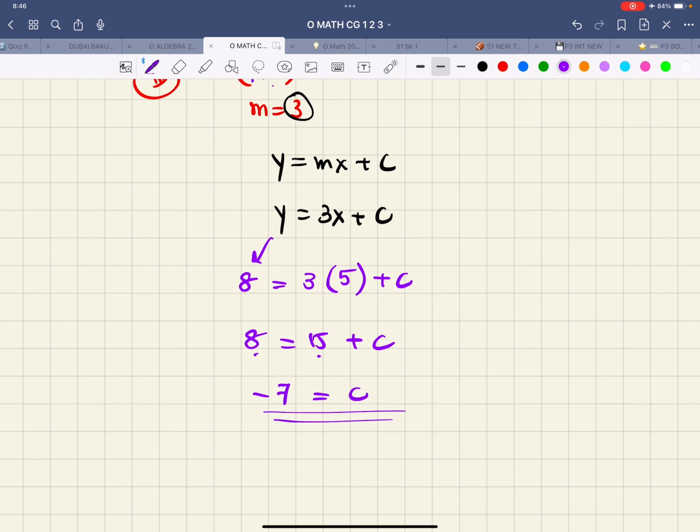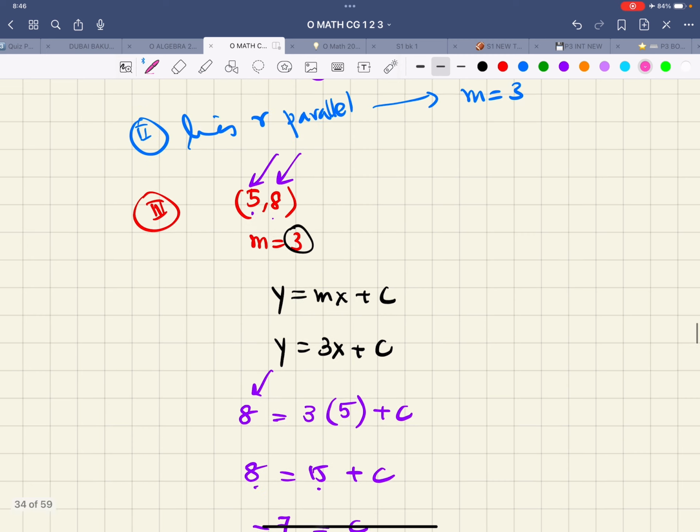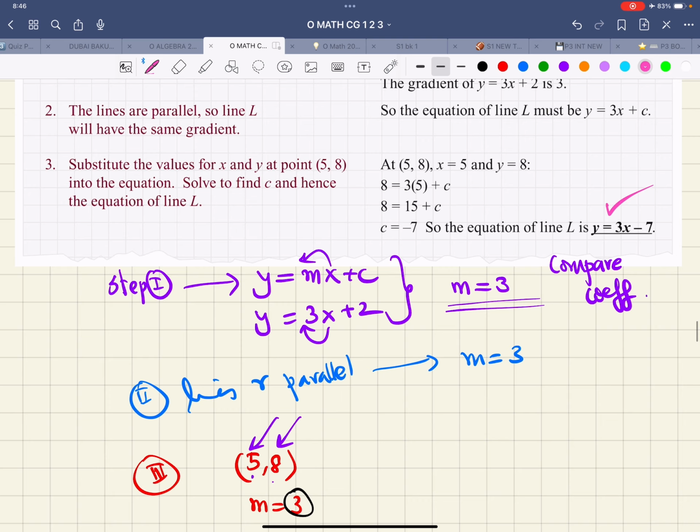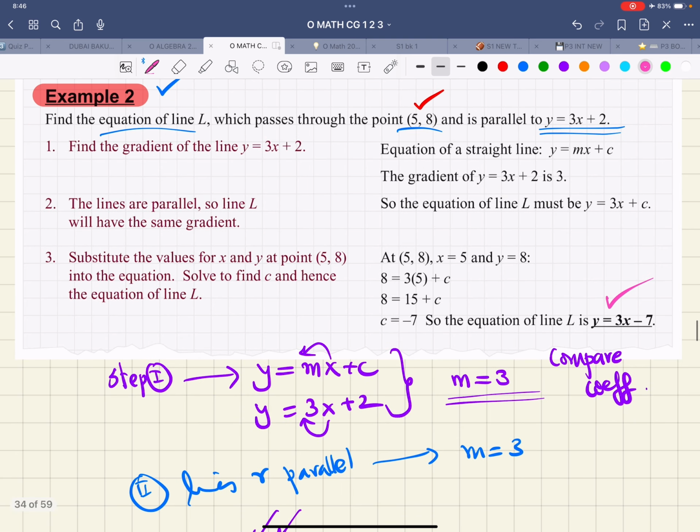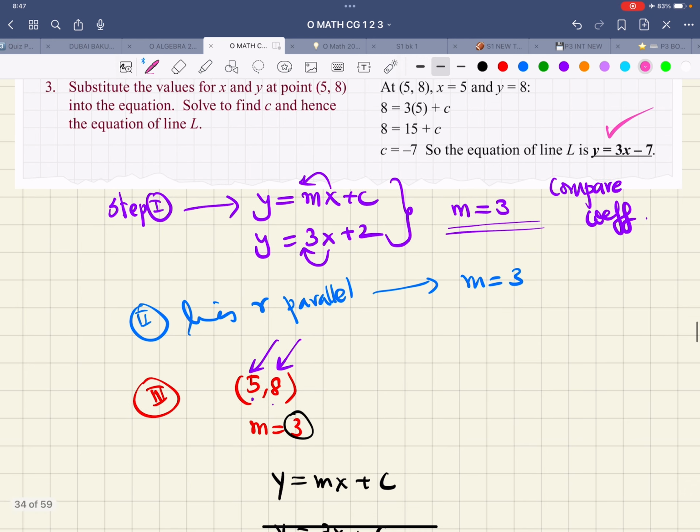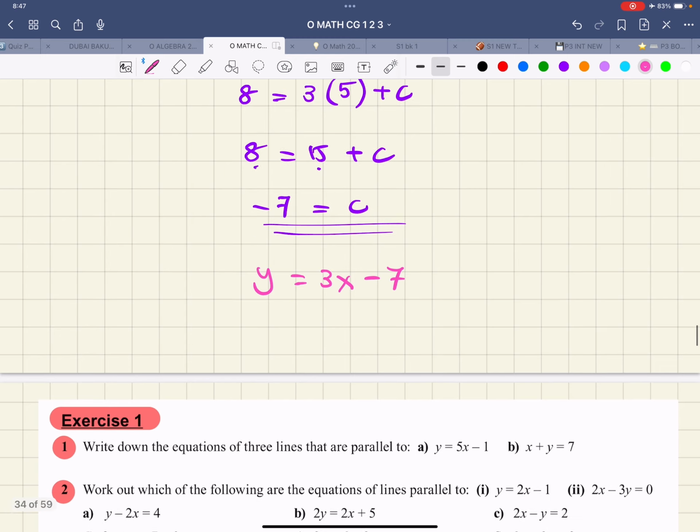And hence, the final answer, the equation of the line is y = 3x - 7. Let me double check, and that is the equation. Again, have a good look at what exactly I have done. All good, all clear? So these are the 3 steps that we will use.